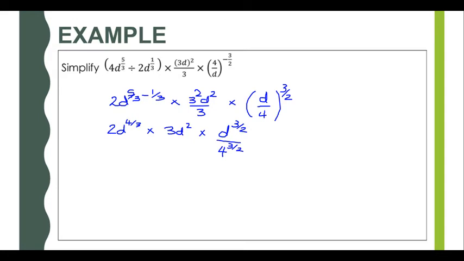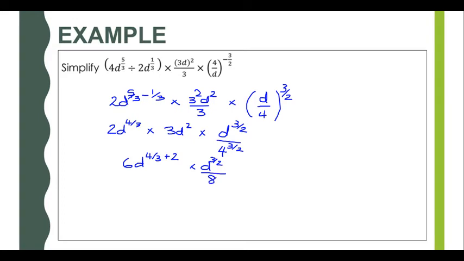We can combine the first two terms, so 2 times 3 gives us 6. d to the power of 4 over 3 times by d to the power of 2 gives us d to the 4 over 3 plus 2. And we can then simplify our fraction to d to the power of 3 over 2. And 4 to the power of 3 over 2 is 8.